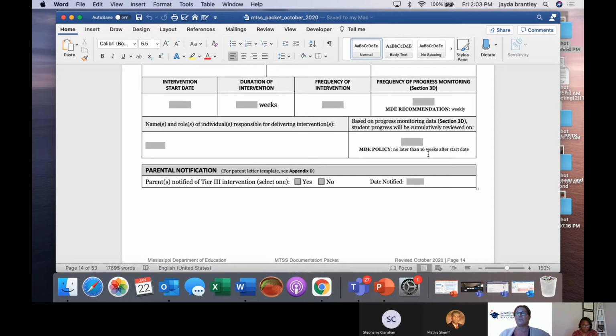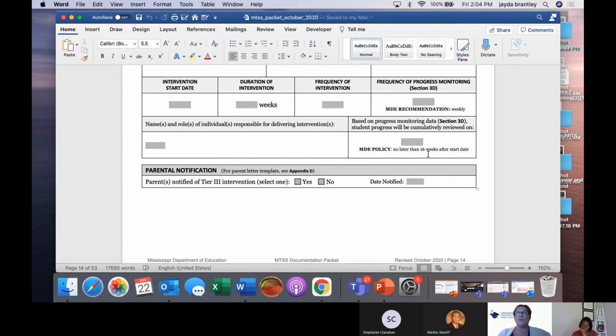So this would be at tier 2, this would be a new 16 weeks. This would not be 16 weeks that have absorbed the 8 weeks with the tier 2, right? Right. So we need 16 weeks at tier 3. So maybe you're going to do a check at 5-6 weeks, then a couple of additional checks.